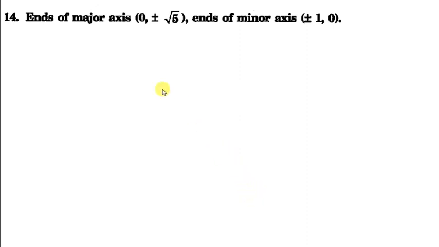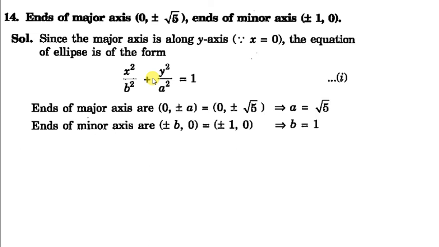Next one is, here the ends of major axis are given and the ends of minor axis is also given. Since the x coordinate here is 0, it means the major axis is y axis. So comparing it with 0 comma plus minus a, we get a equal to root 5, and comparing this with plus minus b comma 0, the minor axis ends, we get b equal to 1.